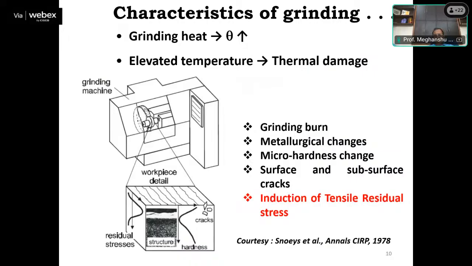So all along we have seen that elevated temperature in the grinding zone will introduce thermal damage in the form of grinding burn marks, metallurgical changes, micro hardness variation, formation of cracks at the surface and subsurface, as well as induction of tensile residual stress. And this has been proven by the scientific community.